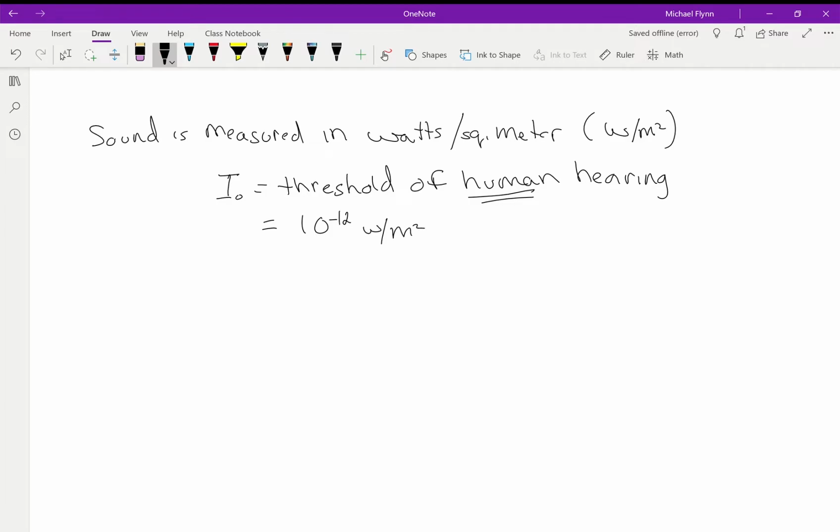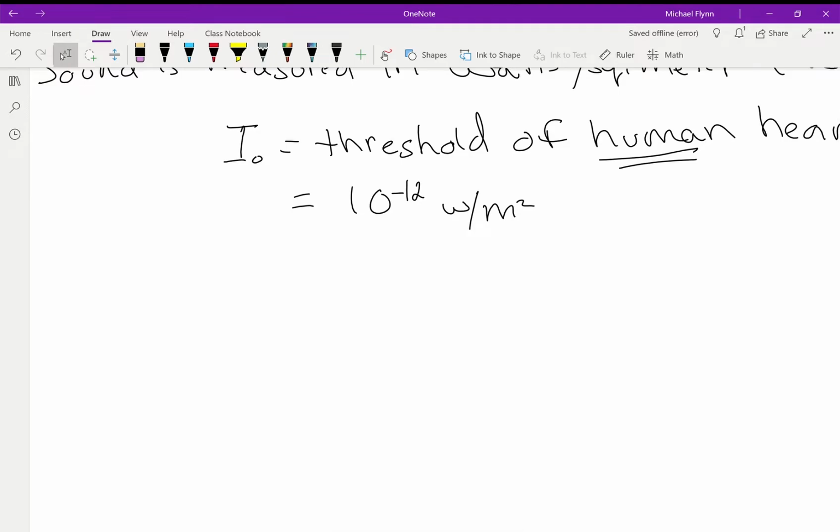That is a really, really, really quiet sound. That is the definition of 0 decibels. So because we're human, we define the quietest sound that anyone can hear as 0 decibels, and we start the scale from there.